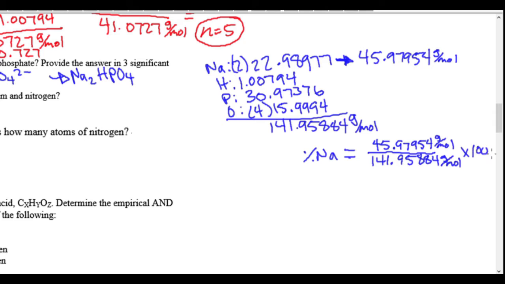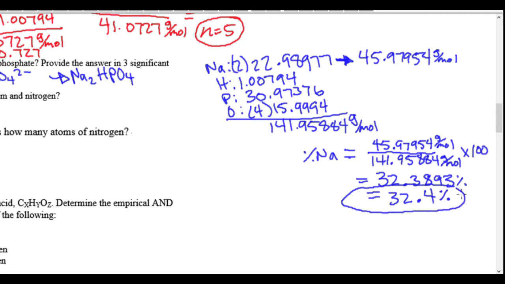And we need to multiply that by 100. When you do that, you get 32.3893%. The number keeps going, but it's going to be in 3 sig figs, so 32.4% sodium. That would be our answer on that one. Cool.